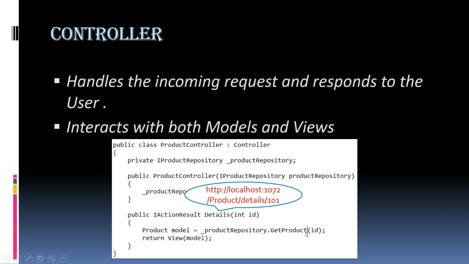Once the controller creates the product model with the necessary product data, it passes the product model to the Details view. Then the Details view generates the necessary HTML in order to present the product data. Once the HTML is generated, it is sent over the network to the client who made the request initially. If it is not clear at this moment, then no worries, we are going to implement these things as we progress through this course.